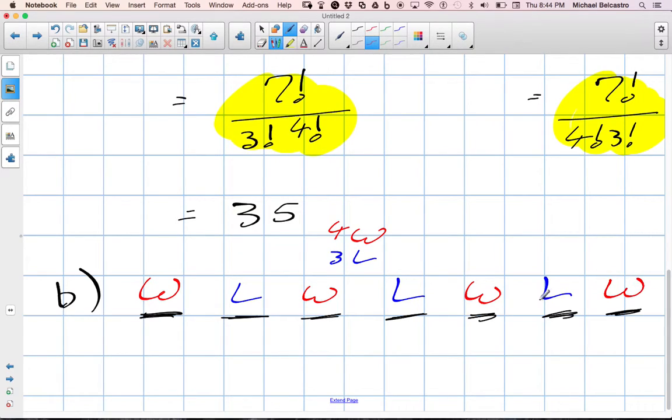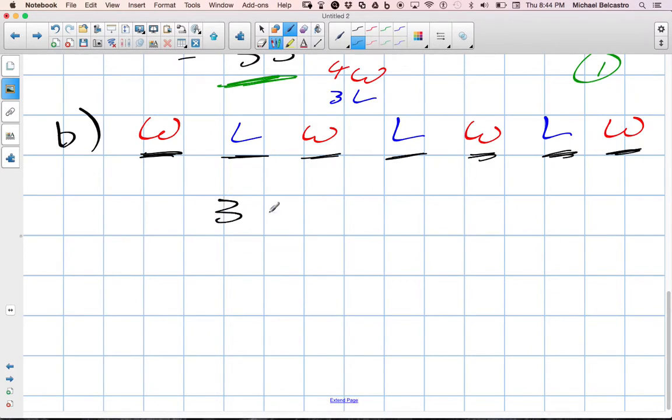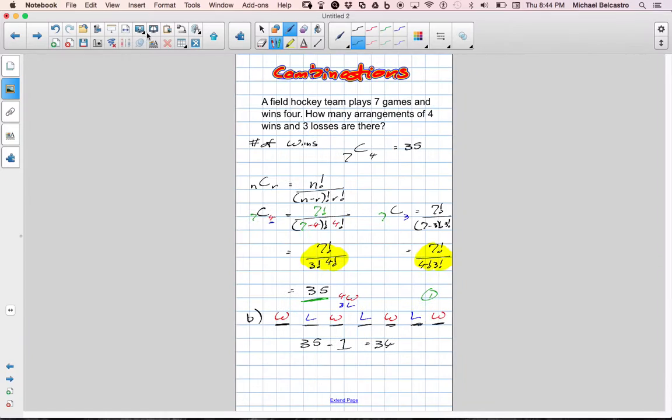There's actually no other ways that we wouldn't have consecutive wins in this situation. So there's only one way this happens. So we're taking our answer from the previous one, 35, and we subtract the only one way that they'd all be consecutive. There's only 34 ways where wins wouldn't be consecutive in this type of situation.